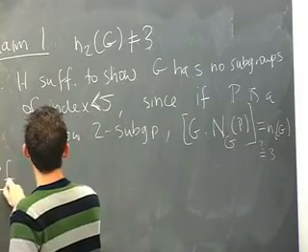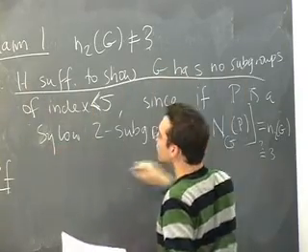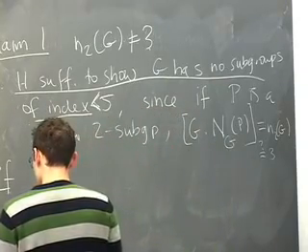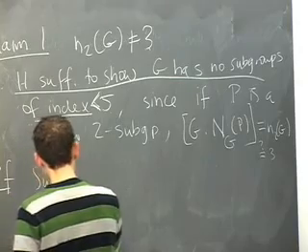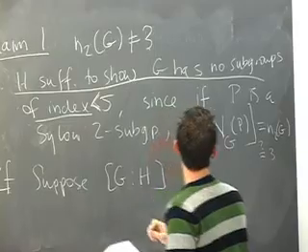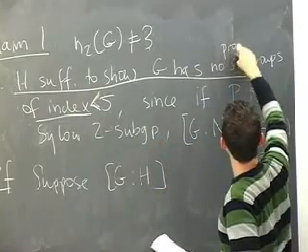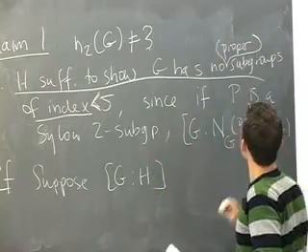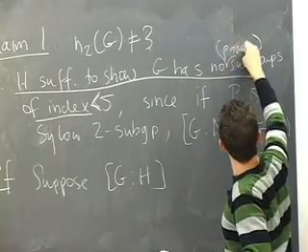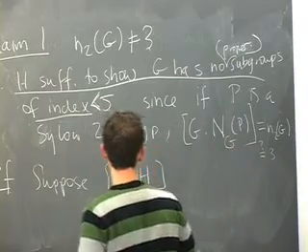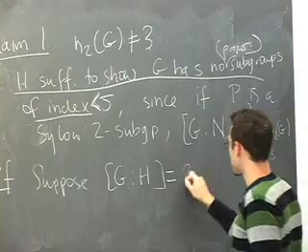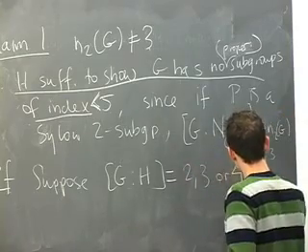So let's prove this part. Suppose we have a proper subgroup H, and suppose the index of H in G is 2, 3, or 4.